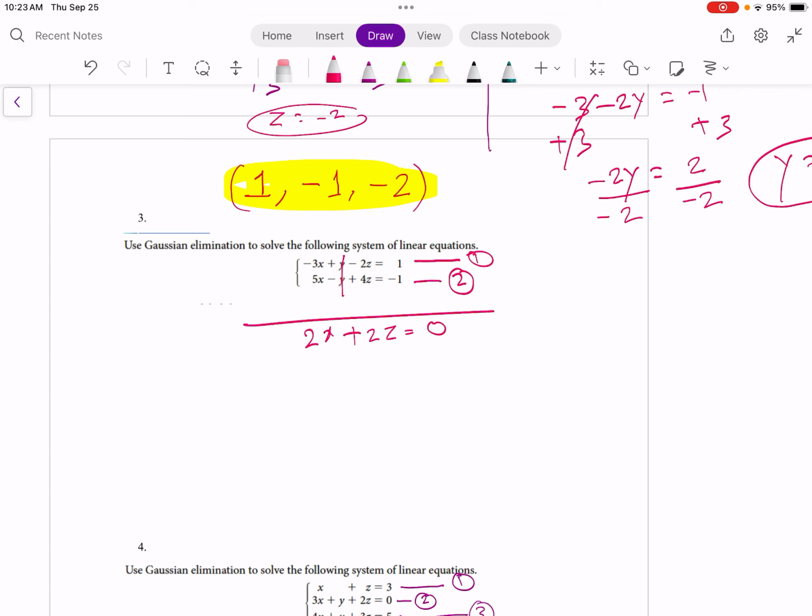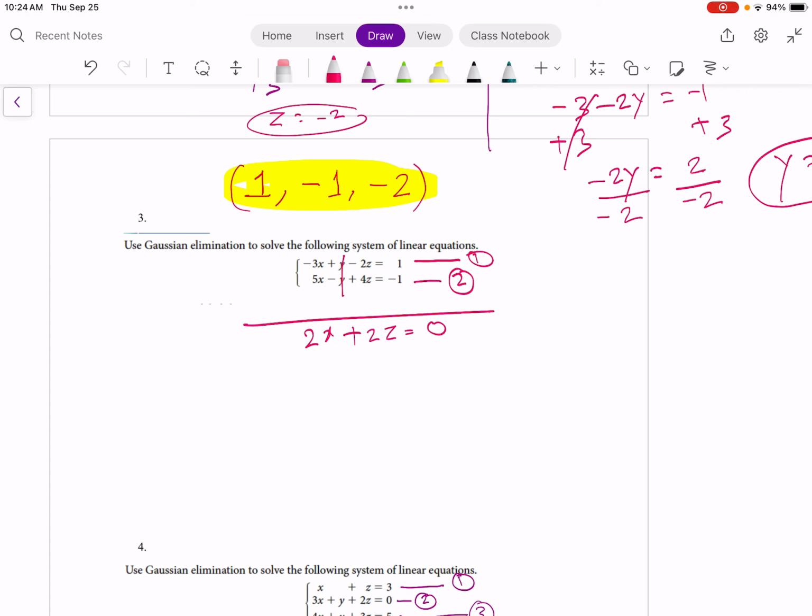Now we only have two equations, and our variables are 3. To solve with three variables, we always need at least 3 equations. We only have 2 equations, which means we cannot find the solution here, or we can simply say no solution.